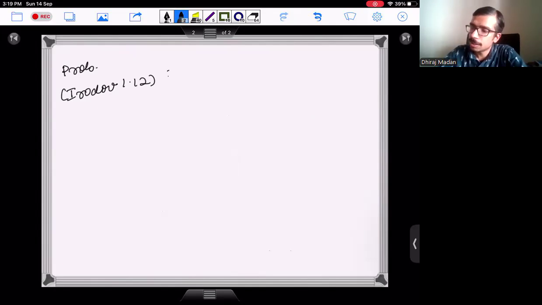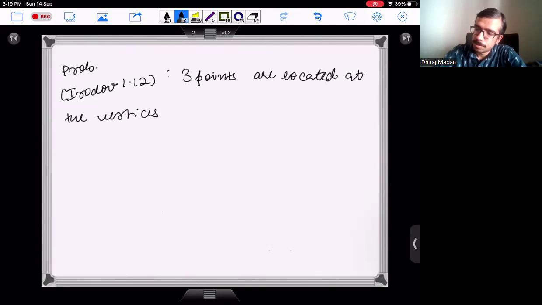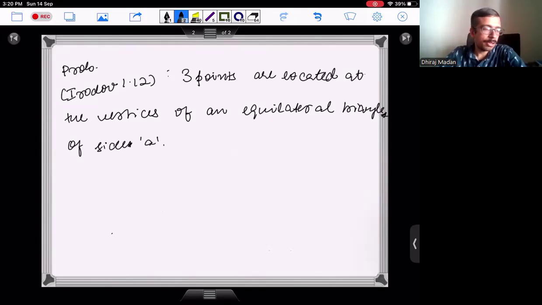The problem is as follows: there are 3 points located at the vertices of an equilateral triangle, with one point at each vertex. The equilateral triangle has side A, so all sides are equal, and the length of the side equals A.